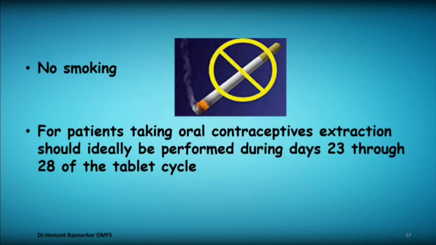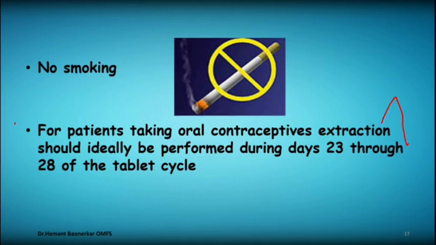Like this, some post-operative instructions are very important. As I said earlier, for patients taking oral contraceptives, extraction should ideally be planned during days 23 to 28 of the tablet cycle to avoid dry socket.